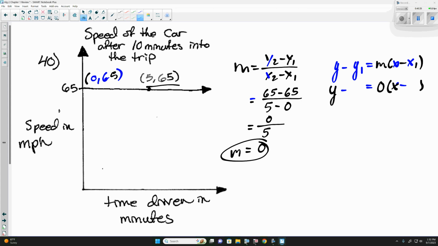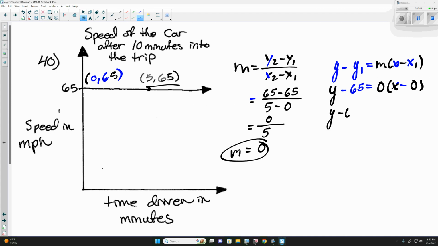Now at this point, we can plug the slope in as 0. Now we need to pick one of the points, 0, 65, or 5, 65. Do you have a preference? Doesn't matter. Well, I'll just do 0, 65.